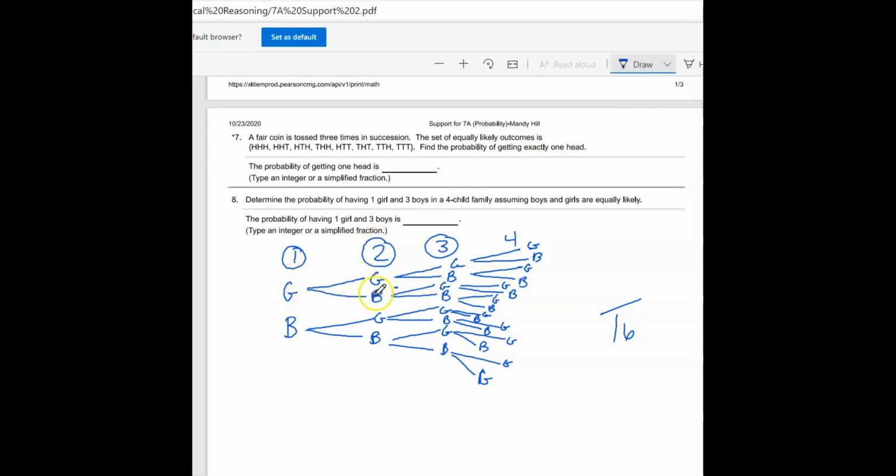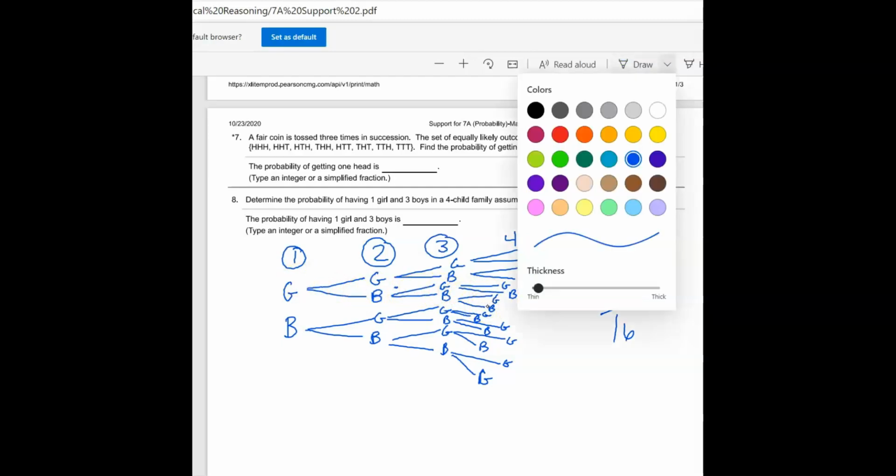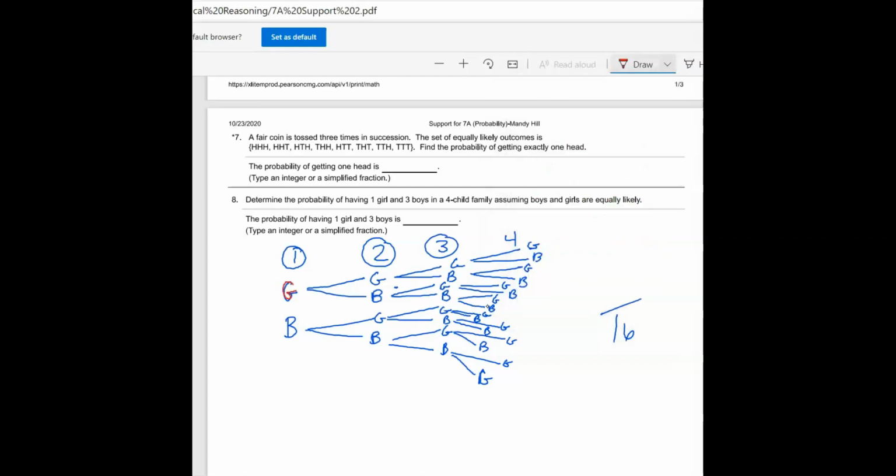Girl, boy, girl. Still too many. Girl, boy, boy, girl. Too many. Girl, boy, boy, boy. There's one. Okay, so I'm going to go over that with a different color so you can see it. This option right here where we have a girl, a boy, a boy, a boy is going to be one that we're looking for.